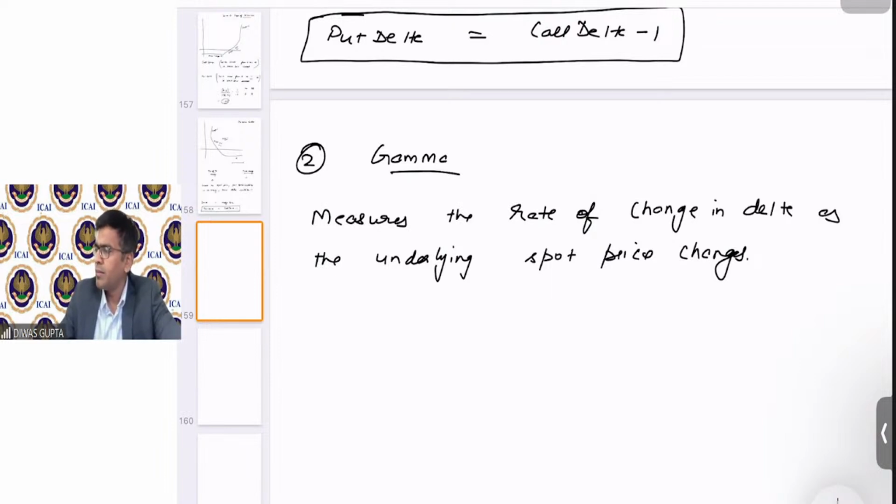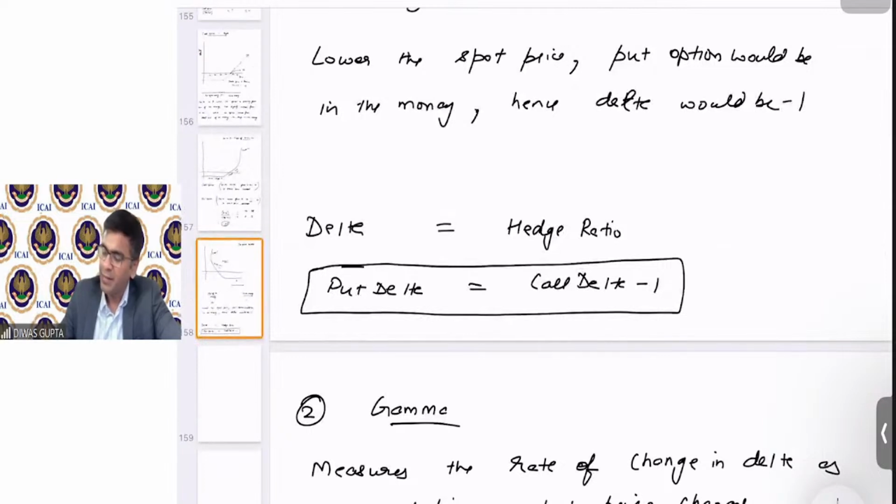Okay, Tanisha, please explain the equation. So, Namrata, this is actually minus N of minus d1, correct? And N of d1. Okay. If you have any specific values for normal distribution table of minus d1 and normal distribution table of d1, this will always be 1, correct?